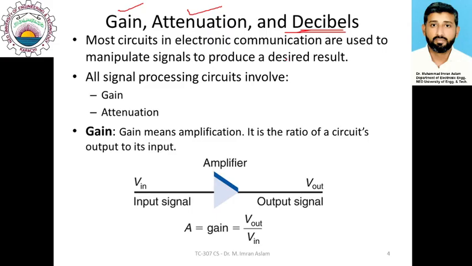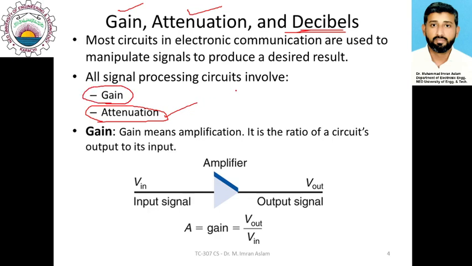One of the important effects of all types of systems is their attenuation. When a signal goes through a system, there is some power loss, which is called attenuation.